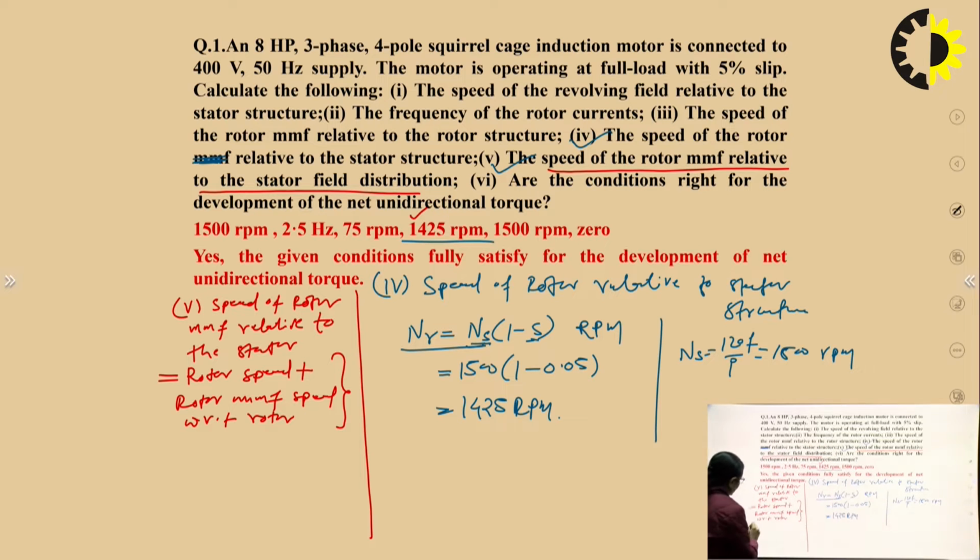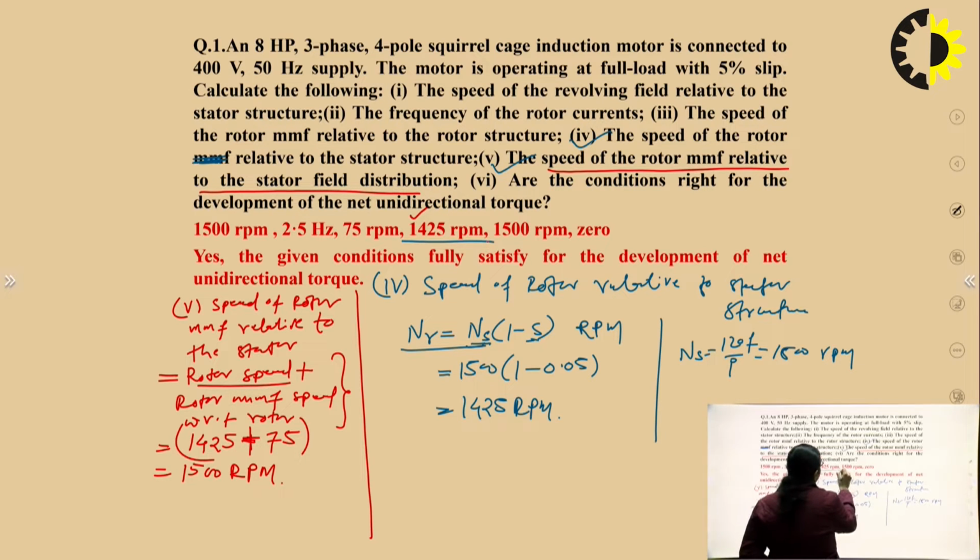So rotor speed, 1425 rpm, plus rotor MMF speed with respect to rotor structure, 75 rpm. The summation of these two comes out to be 1500 rpm, right?